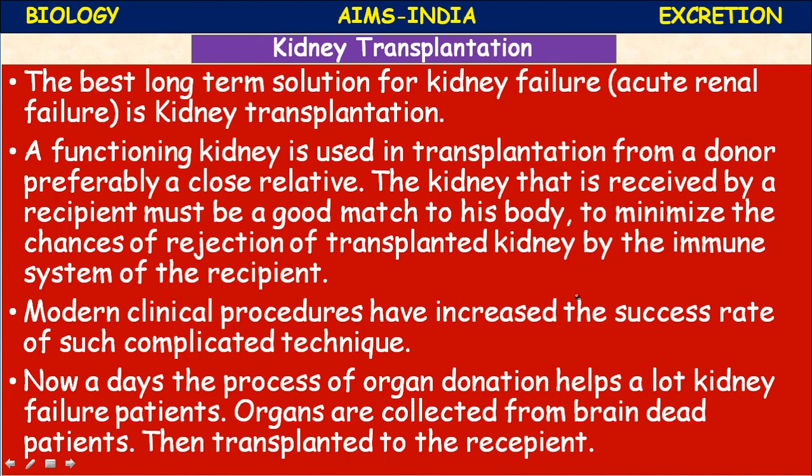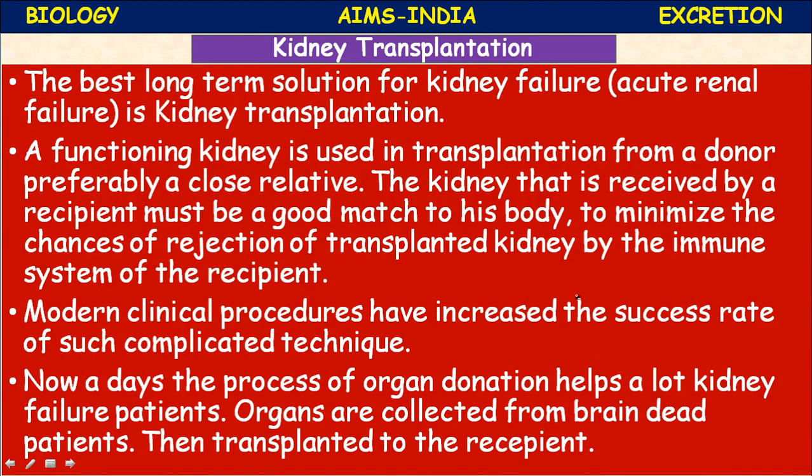Where is the transplanted kidney fixed in the body of the kidney failure patient? What about the failed kidneys? Can the donor survive his or her life with a single kidney without any complications? These are all the questions that arise.